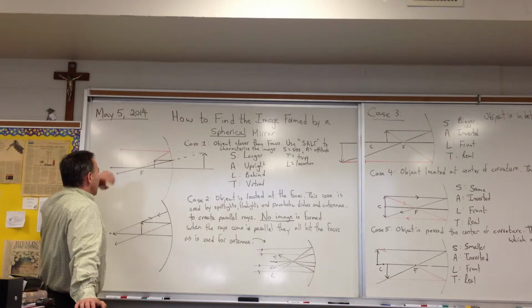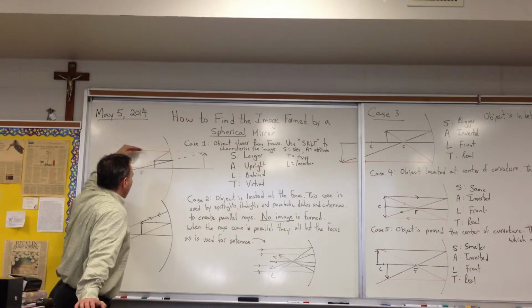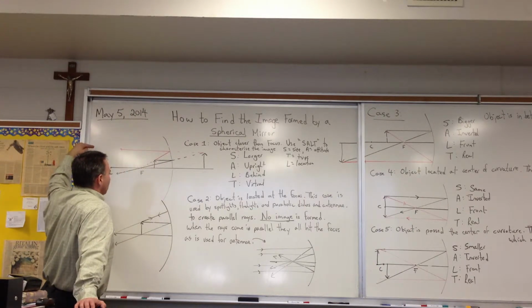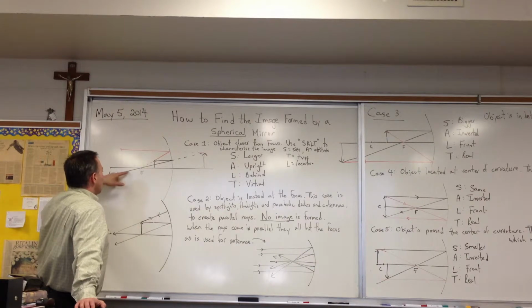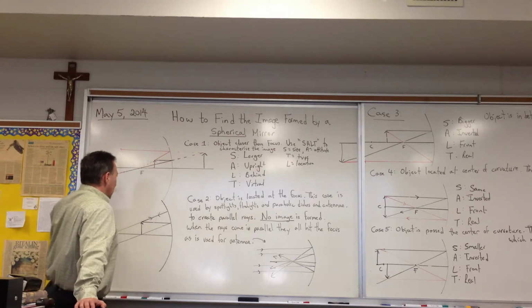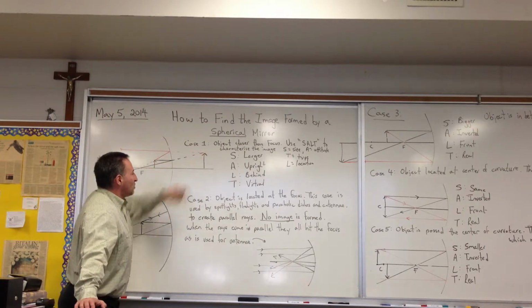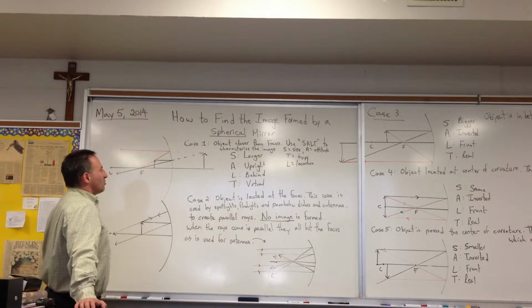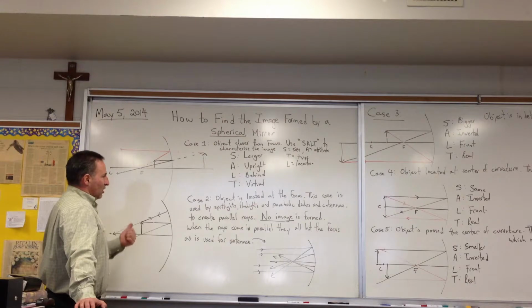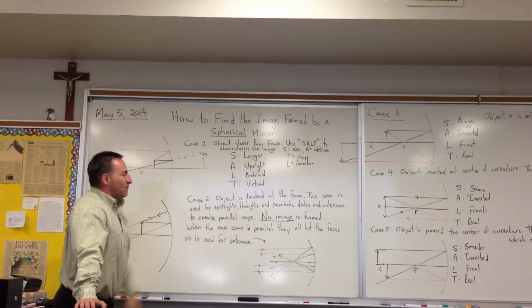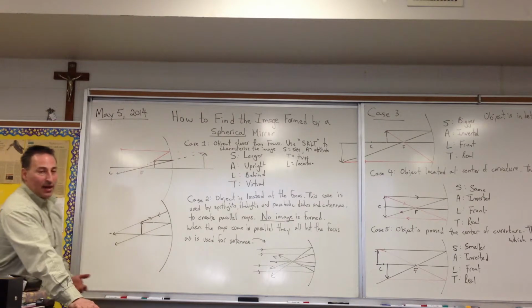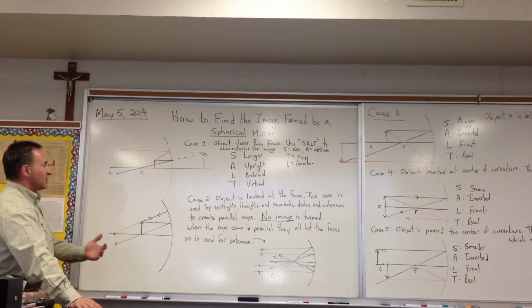And what you want to do in this case is extend the ray that has bounced back to show where the virtual image will form. You also extend the other ray that has bounced backwards, and where those 2 extended rays merge is where the image will appear. And in this case, the image is larger, it's upright, it's behind the mirror, and it is a virtual image, which means you cannot cast it onto a screen. You can only see it.